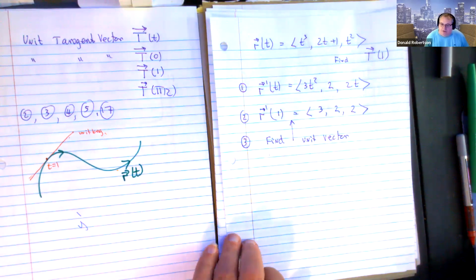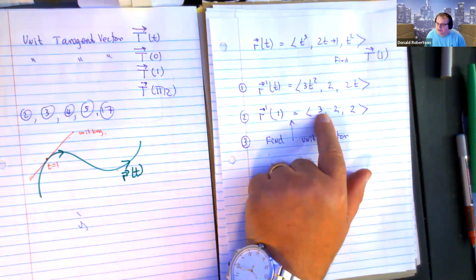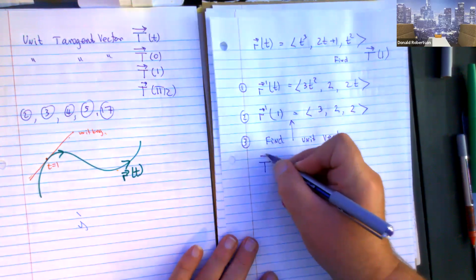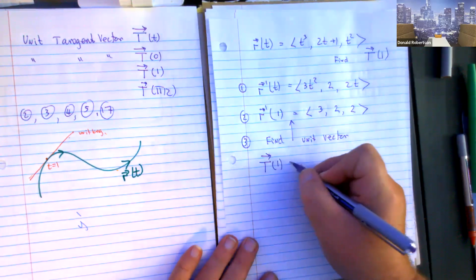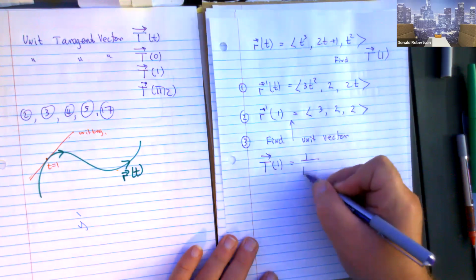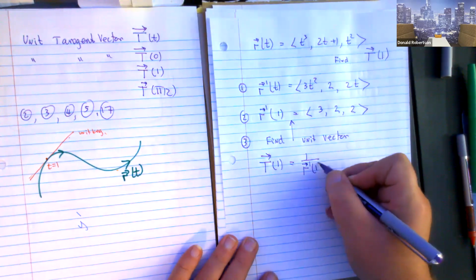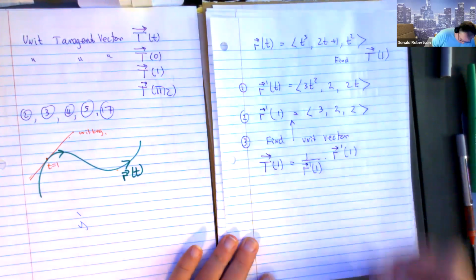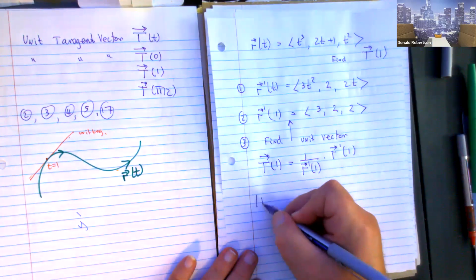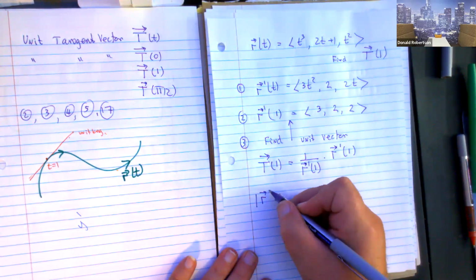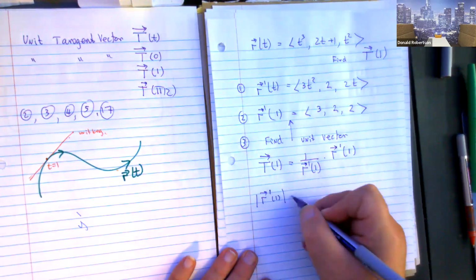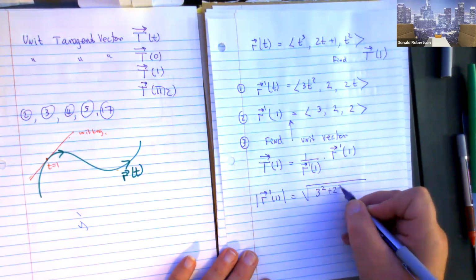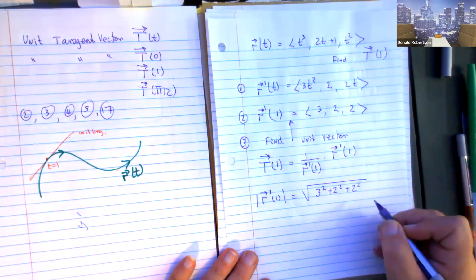So how do you find a unit vector? Well, don't you find the length of this and then divide everybody by its length? So essentially, the formula for a unit tangent vector at 1 is 1 over the magnitude of the derivative vector at 1 times the derivative vector at 1. So the magnitude of this vector is the square root of 3 squared plus 2 squared plus 2 more squared.